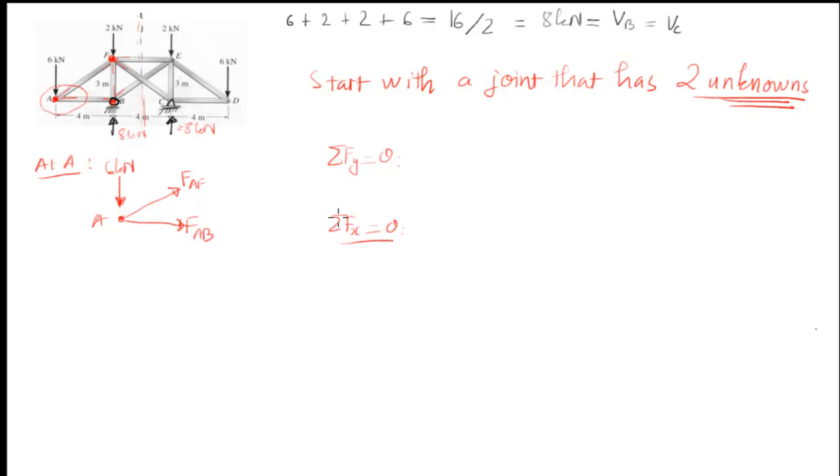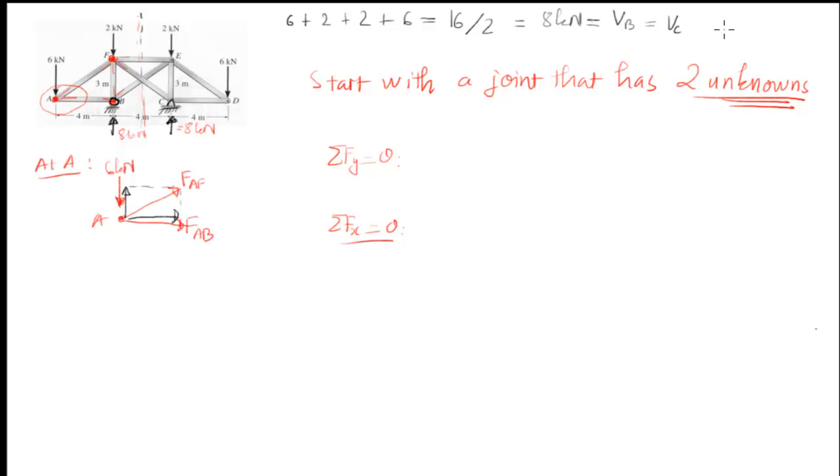Before doing that, anytime you see a force inclined, not in X, not in Y, you have to make it into two resultant forces, one this one and one this one. These are the two resultant forces of FAF.